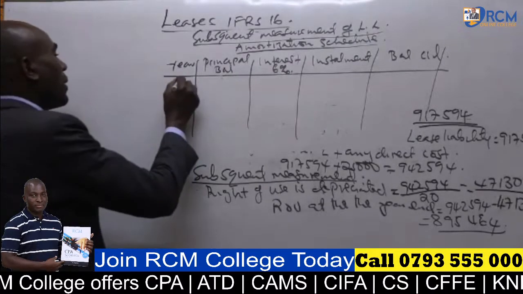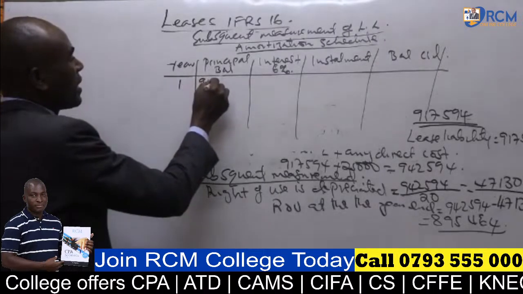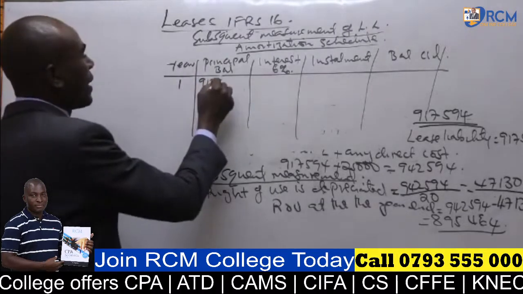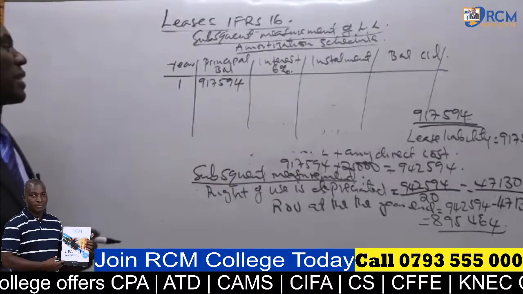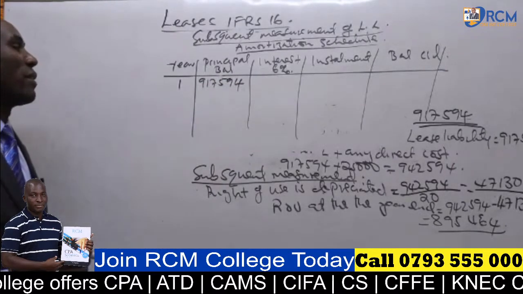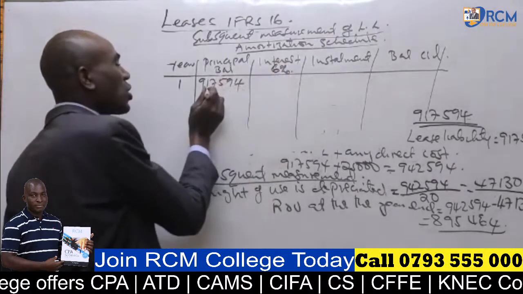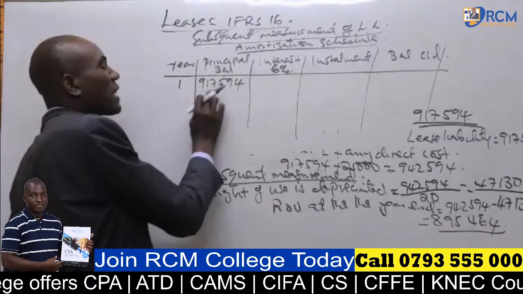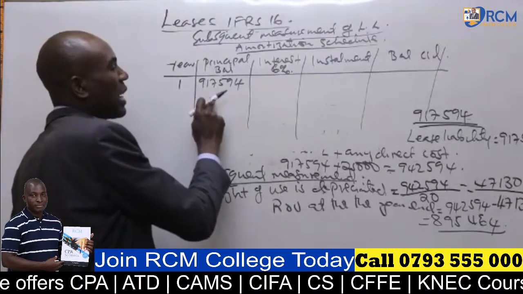Therefore, year one, our principal balance is 917,594. Therefore, the interest of 6%, we charge it on this one, because payments are made in arrears.